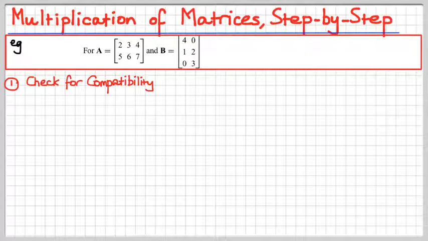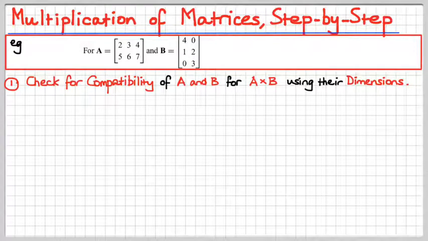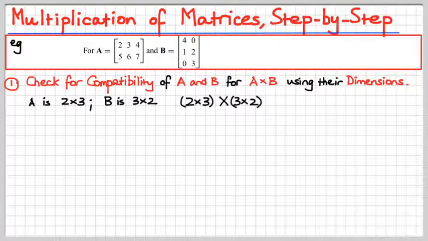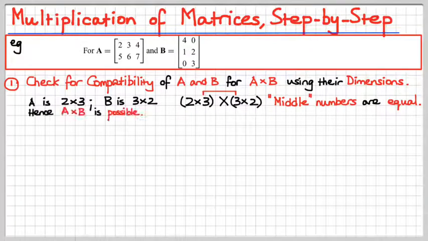So A is a 2 by 3, B is a 3 by 2, so those middle numbers, the 3's, are the same, which means the matrices are compatible. Okay, middle numbers are equal. So that means A times B is possible.